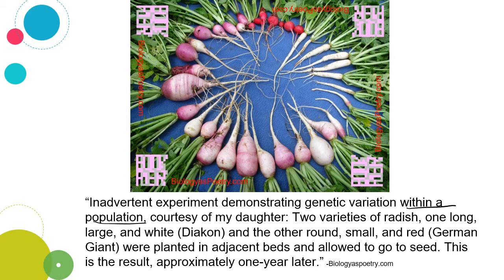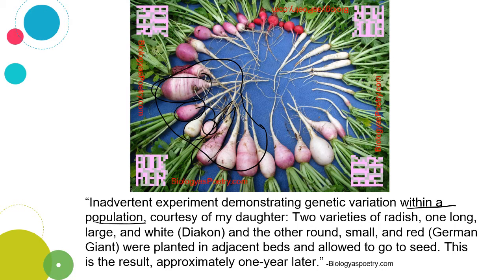And natural populations probably looked something like this, where you had a variety of different features, some more bulbous, some longer, some more bulbous with a longer, thinner taproot attached to it, some more purple, some more white. Right? We have this morphological variation within these species.